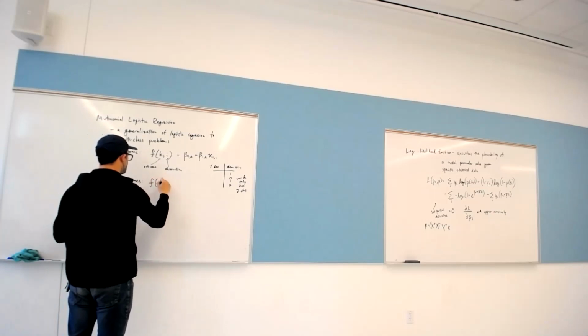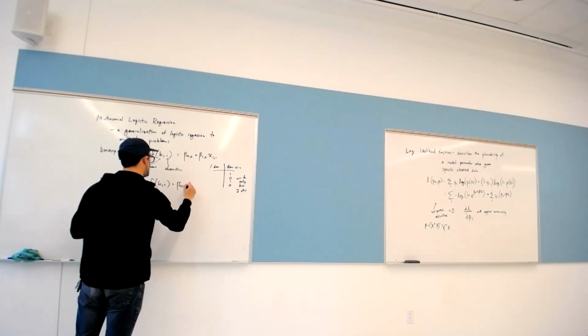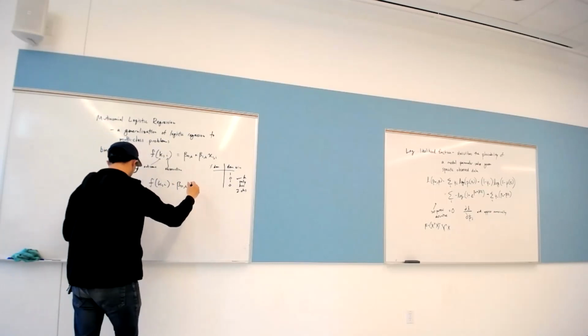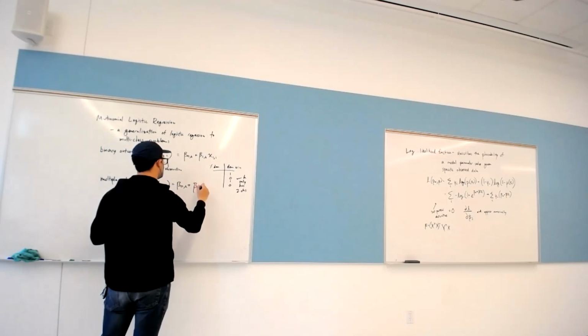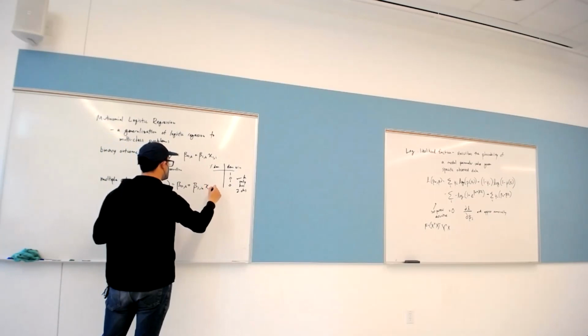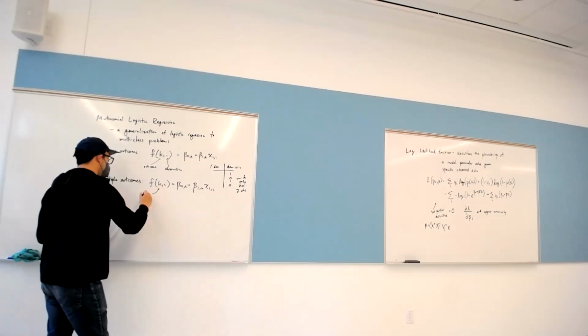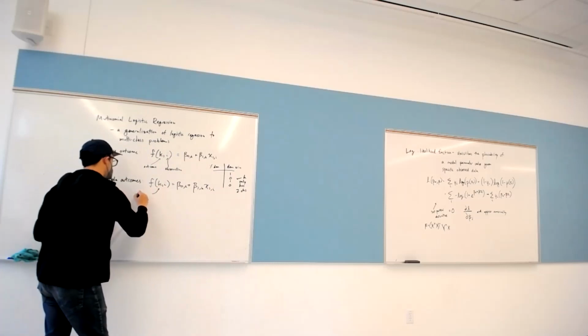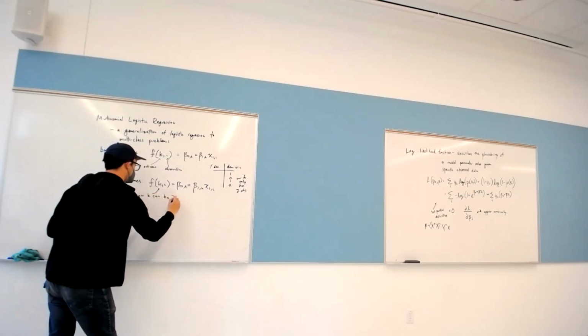It's going to look the same. f(k,i) equals beta 0k plus beta 1k times x1i. But now k can be greater than 2.